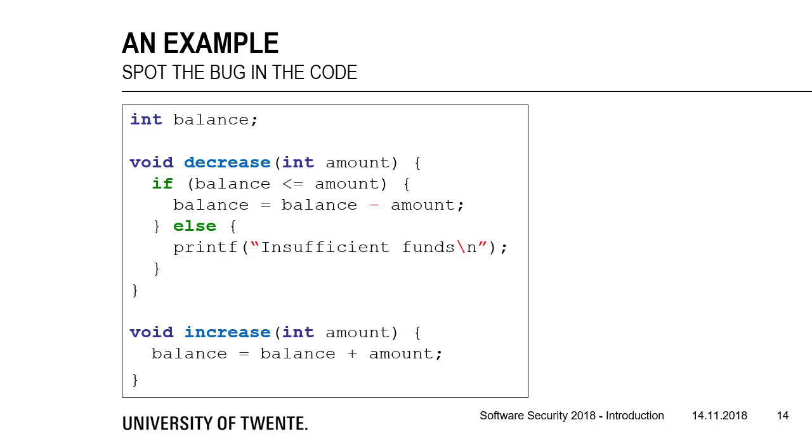So what else is wrong in the code? Yes. So we have a check here: balance is lower or equal to the amount, but that's not correct that way. Instead of checking for lower or equal, we should rather check for higher or equal.